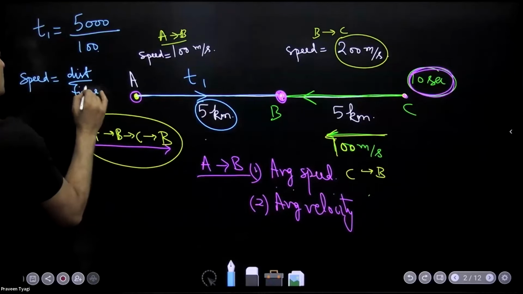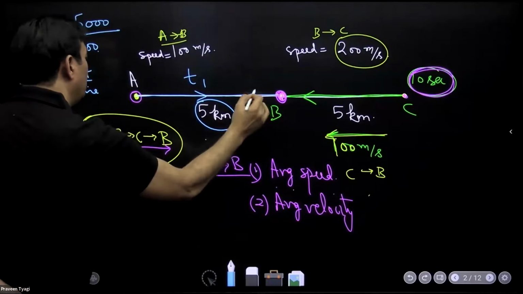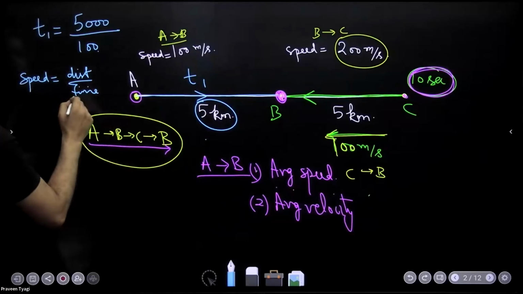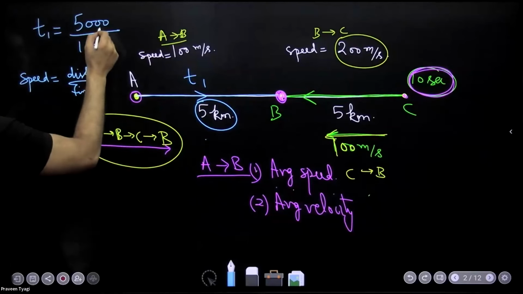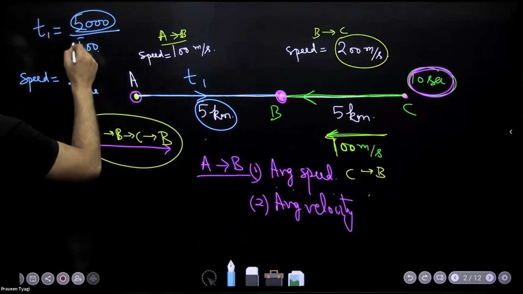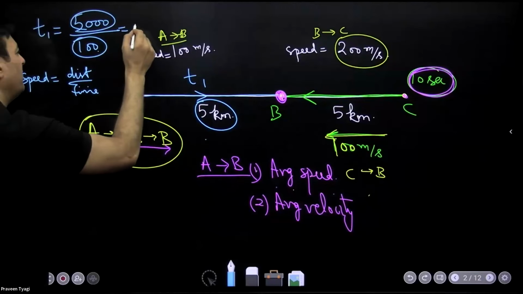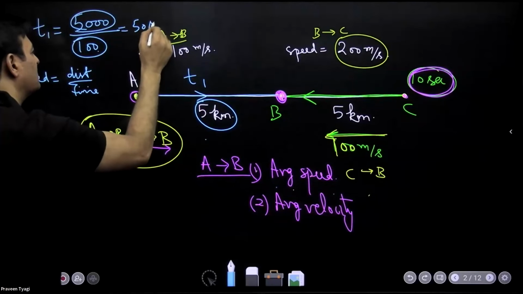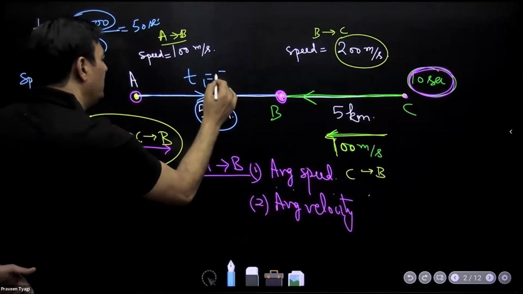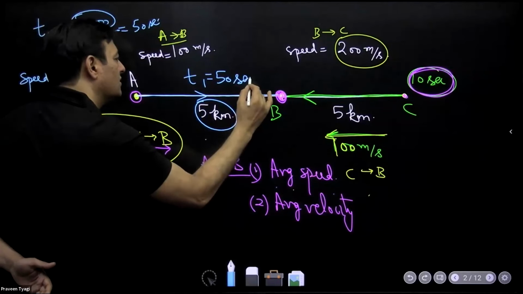So, for this region, A to B, time will be distance upon speed. Distance covered, 5,000. Speed is 100. So, time taken is 50 seconds. So, T1 comes out to be 50 seconds.